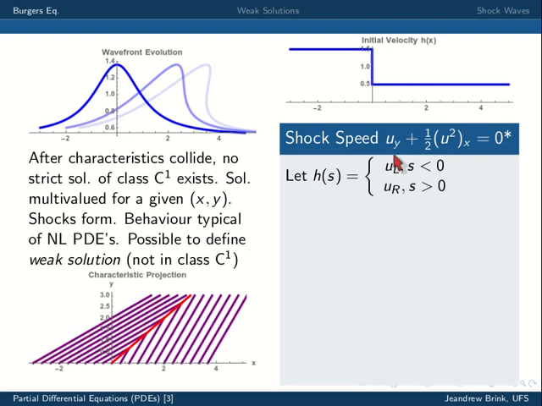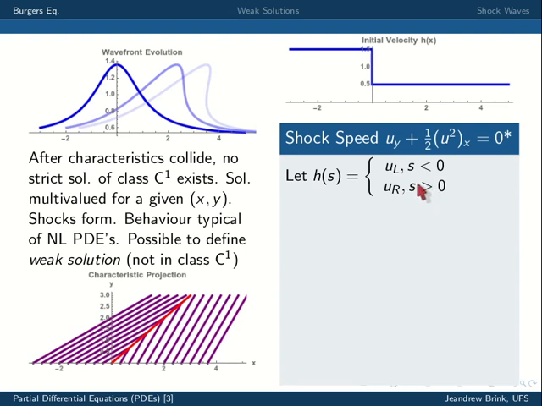And so I said, let's simply, so this is what this profile is like. Let's simply say we start with an initial condition h of s, which is equal to the velocity u left. So here, in this case, u left is 1.5, if s is less than 0, and u right, which in this case is 0.5, if s is greater than 0.